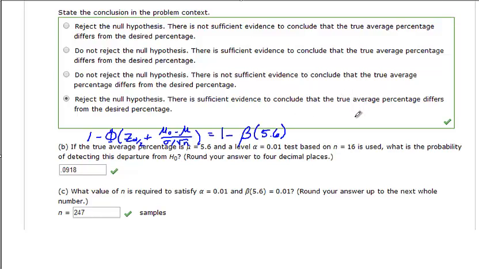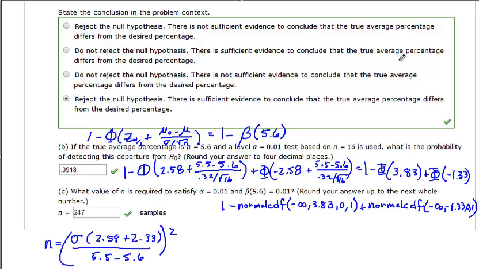Alright, this is what we're actually looking for. We're looking for the probability of 1 minus this beta error of the 5.6. I'm going to write down those values. Alright, I got a lot of stuff written down here because it was a pile of nonsense.